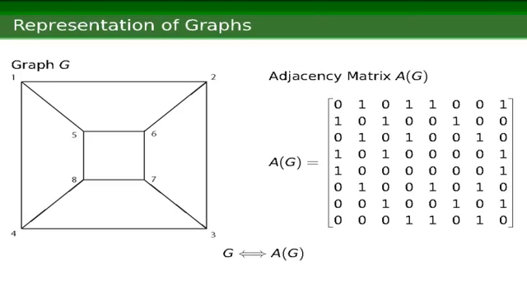For example, this 1 in the first row, second column, means there is a connection between vertex 1 and vertex 2. Whereas the 0 means there is no connection between the 2 vertices. And obviously, AG is a symmetrical matrix, and G and AG are also in 1-1 correspondence.